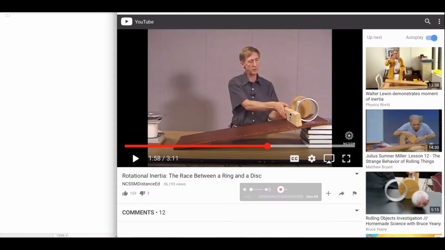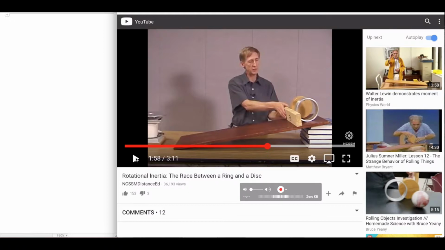And so he's got the hoop set up and the solid disc set up. He's going to remove the 2x4, and then they're going to begin to roll purely based on the gravitational force pulling them down the incline. And the question is, which object makes it down to the bottom first? You can think about it. Pause the video and try to get an idea which one would be harder to begin to rotate, to overcome its rotational inertia.